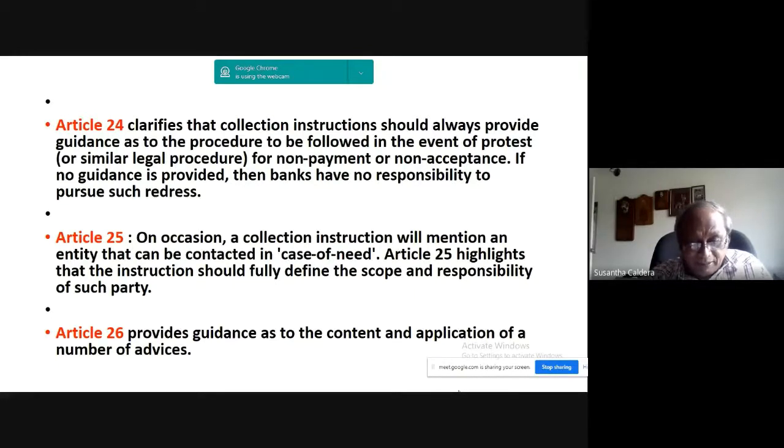Method of advice: it shall be the responsibility of the remitting bank to instruct the collecting bank regarding the method by which the advices detailed in sub-article C1, C2, C3 are to be given. In the absence of such instructions, the collecting bank will send the relative advices by the method of its choice at the expense of the bank from which the collection instruction was received.